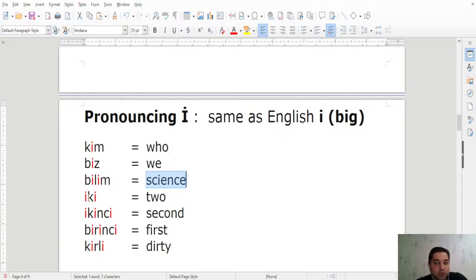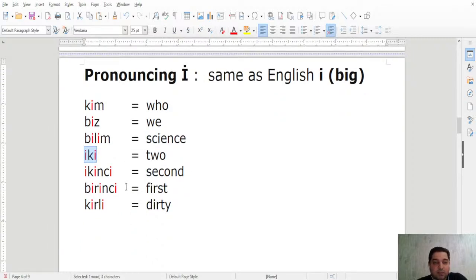So it's only short, like in big. The next example is iki, which is 2. Then we have ikinci, which is second, extension of the first, right? Iki becomes ikinci, second. Then we have birinci, or bir is 1, birinci means first, right?